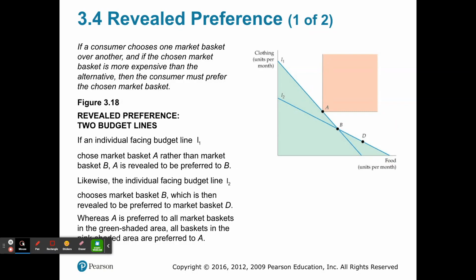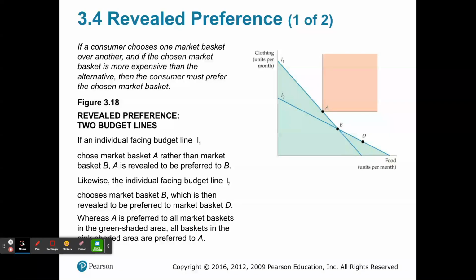The last part to this would be to talk about revealed preferences. And that's going to lead us then to our marginal utility. But essentially, with revealed preferences, it would be the way that we show what is preferred or not.